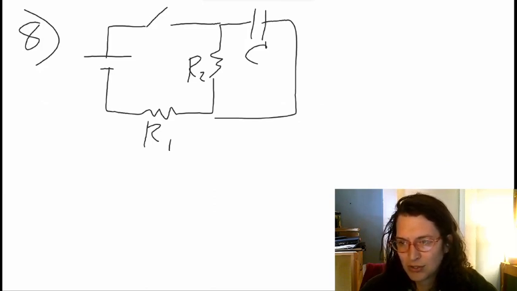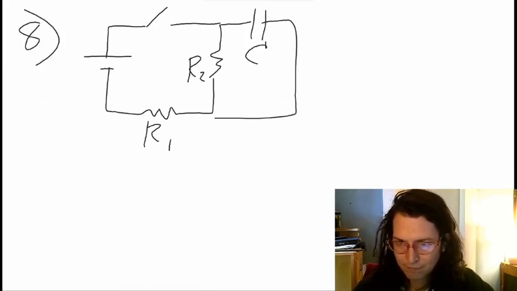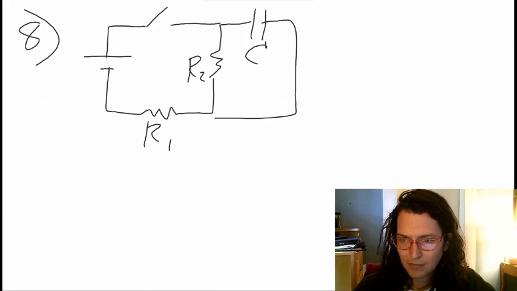The voltage across R2, rather, just one second, let me make sure that I get this right. Okay.